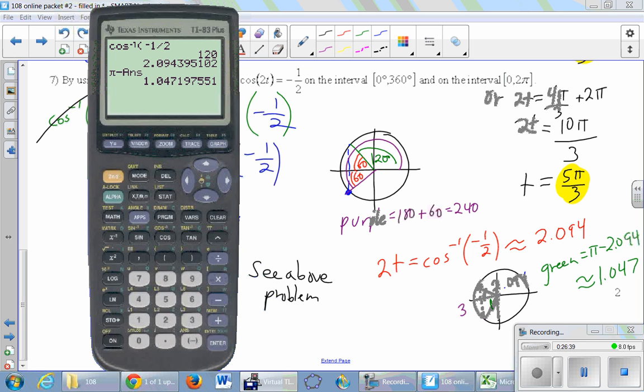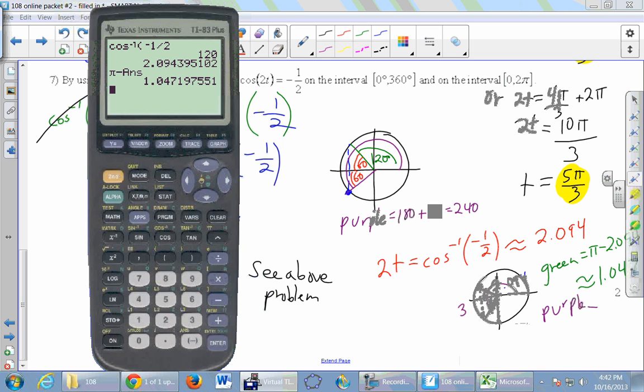which means that this other green thing is also 1.047, which means that purple must equal the half a revolution to there, which is pi, plus the little green angle, which we said was 1.047.